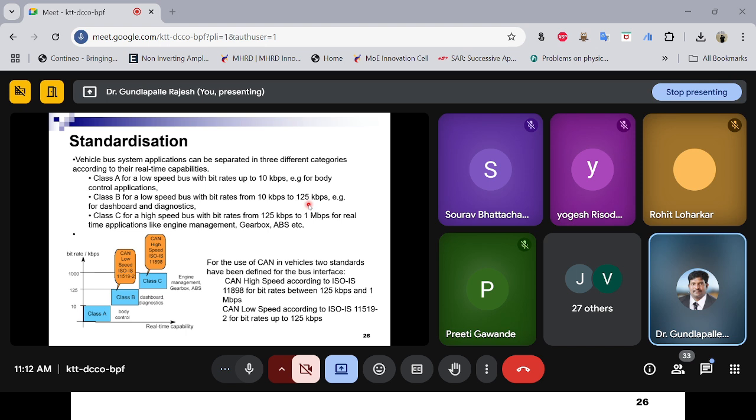Then class C is for high speed bus applications, with rates from 125 kilobits per second to 1 Mbps. It is used for real-time applications like engine management, gearboxes, ABS. In the same automatic car itself, you can have three classes of CAN buses: one for real-time, one for dashboards and diagnosis, and one for some control applications.